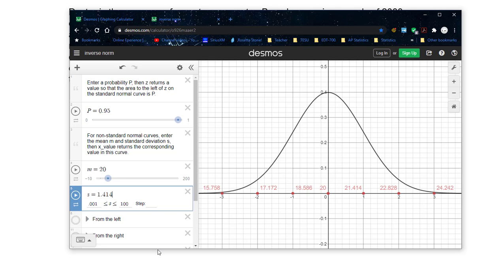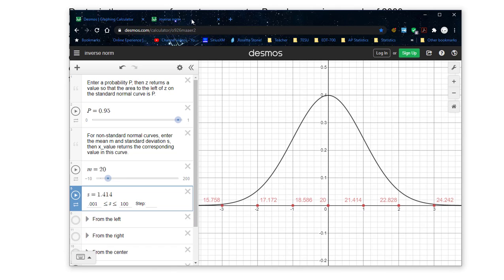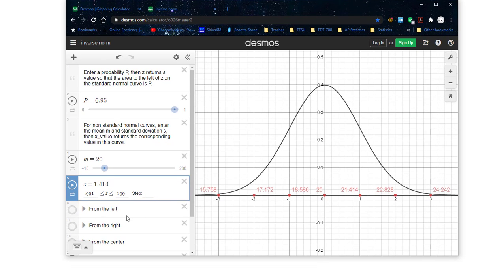Then it asks whether we want it from the left, from the right, or from the center. We want it to the left, so we want all the shaded area in here. And now that gives us the data value right here, in the orange little value: 22.326. So we'll say 22.33.